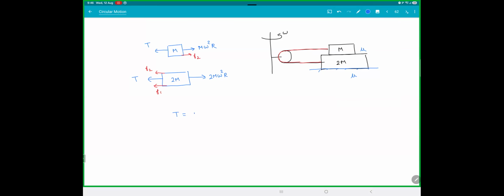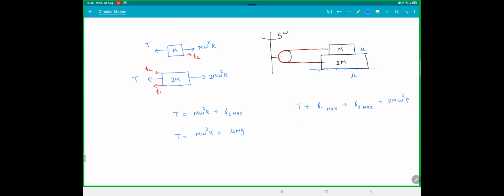So tension will be m omega square r, F2 max because you're about to slip. Tension plus F1 max plus F2 max is 2m omega square r. Tension will be m omega square r and F2 max will be mu mg.